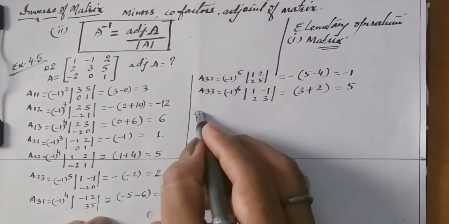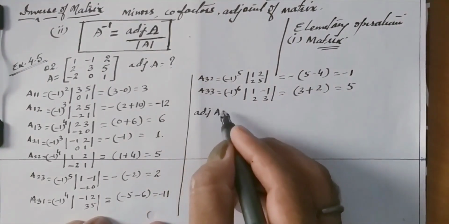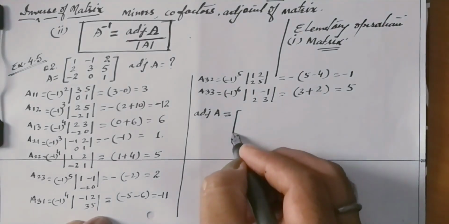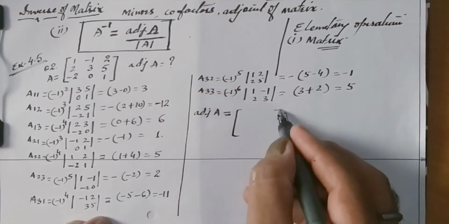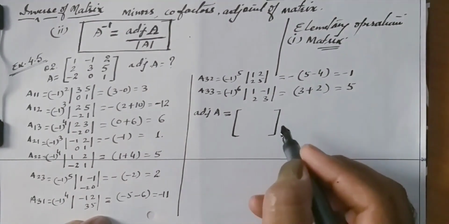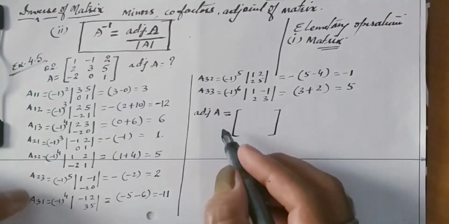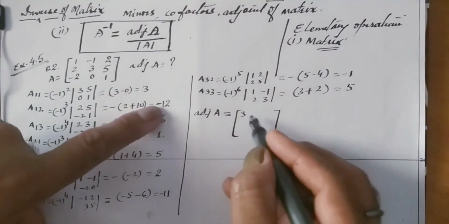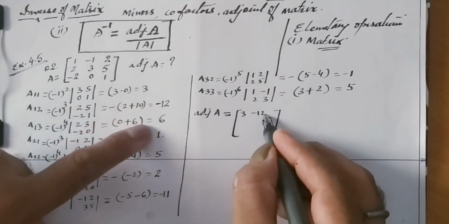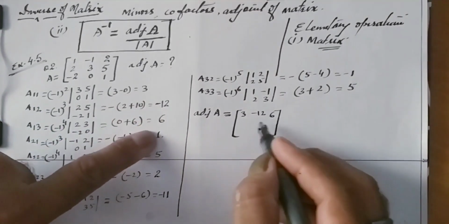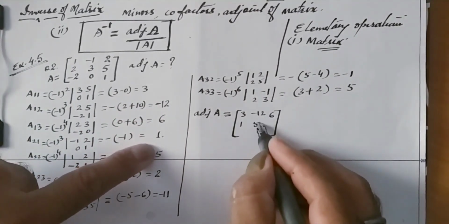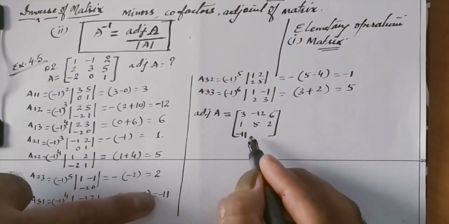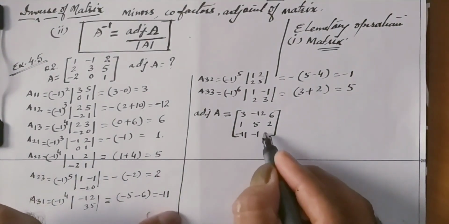Now adjoint of this matrix A will be equal to, we will be writing the matrix the same way the elements were given in the main matrix. So first element is 3, the second element is minus 12, the third element is 6, then 1, then 5, then 2, then minus 11, then minus 1 and then 5.